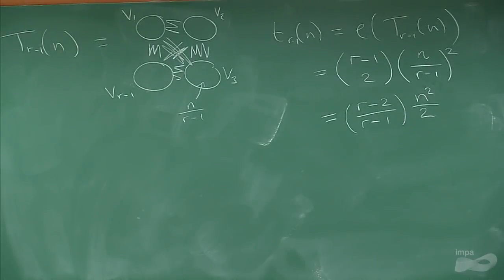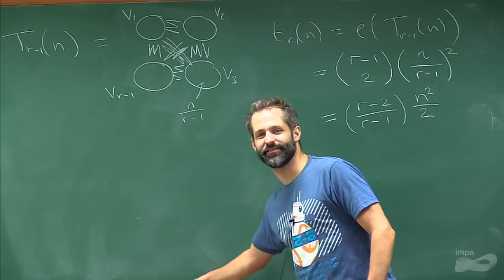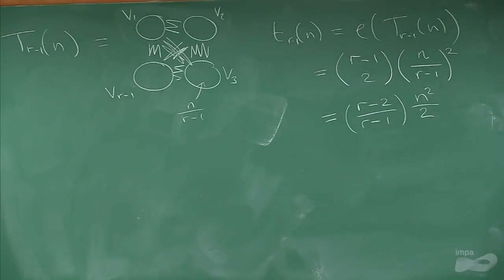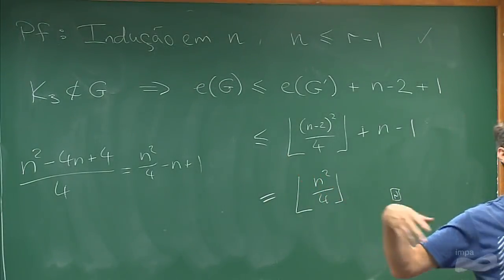Let's try induction on n. n equals 1 up to, well, 1 up to r minus 1 seems pretty safe. Because then, if n is at most r minus 1, you just take a clique, and the Turan graph is also a clique.